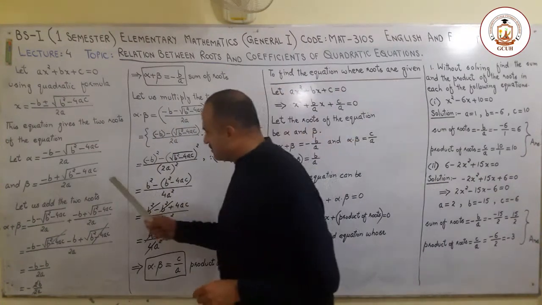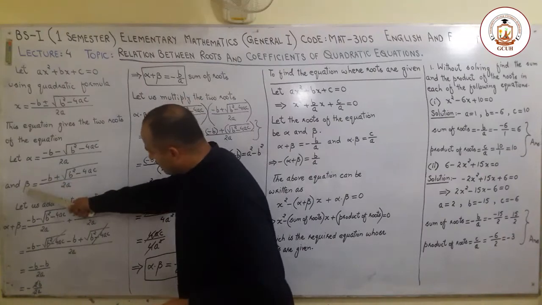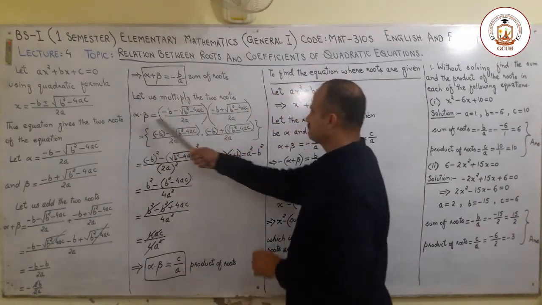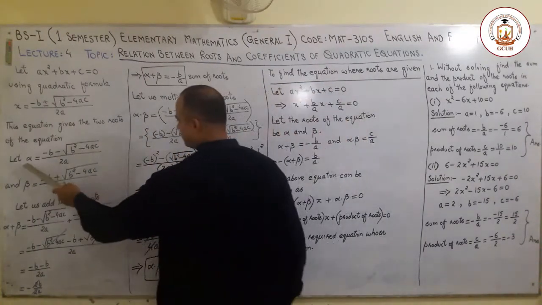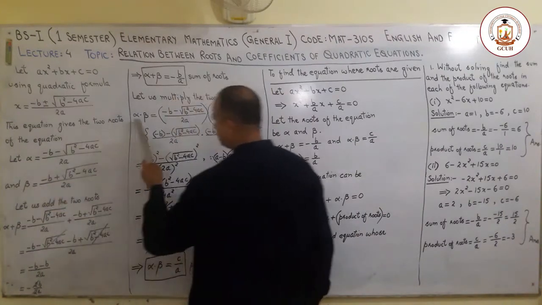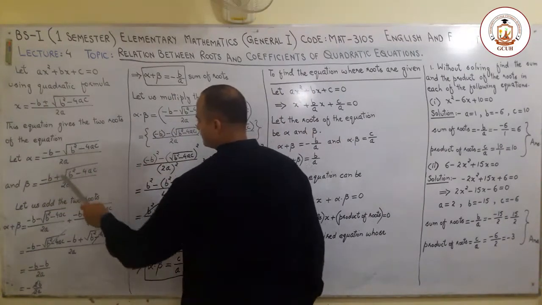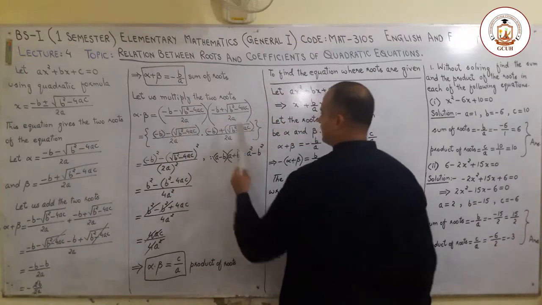So let us multiply the roots here. The left hand sides are multiplied, that is alpha into beta, and the right hand sides are also multiplied.